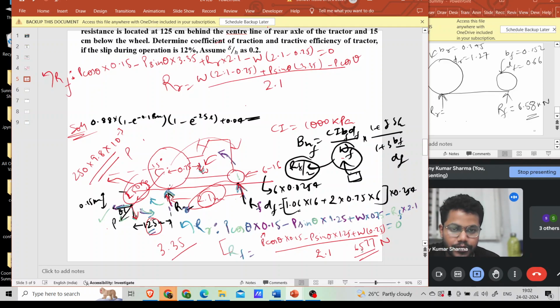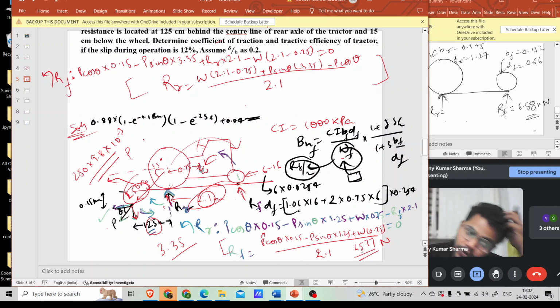Do you have any doubt here, Sivaram? Previously, by using the moment around RR, we derived the formula for RF and calculated RF. And now, by using the moment around RF, we will calculate RR. So what is your doubt?